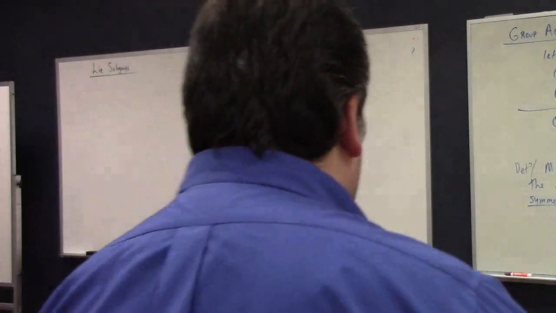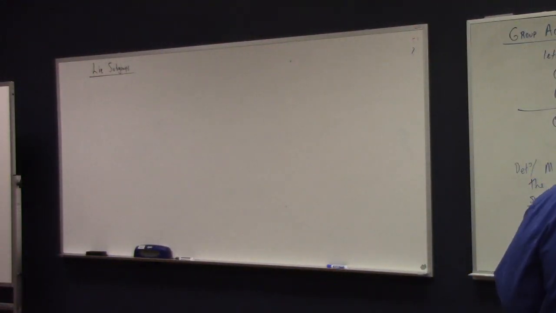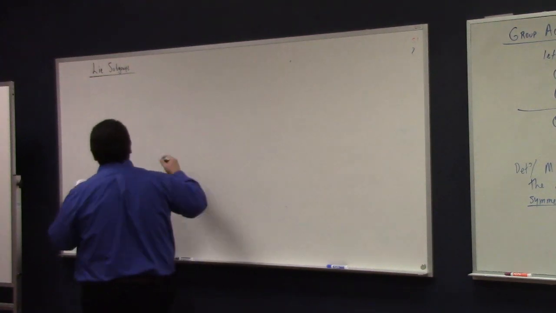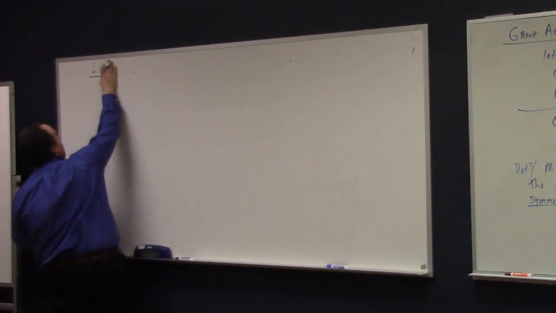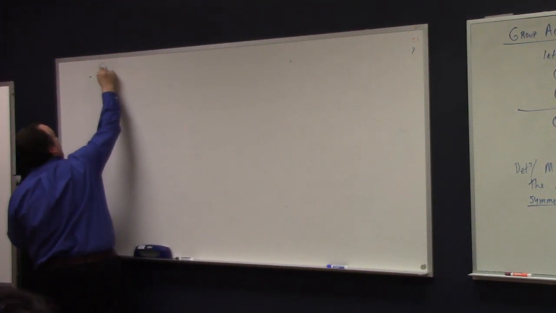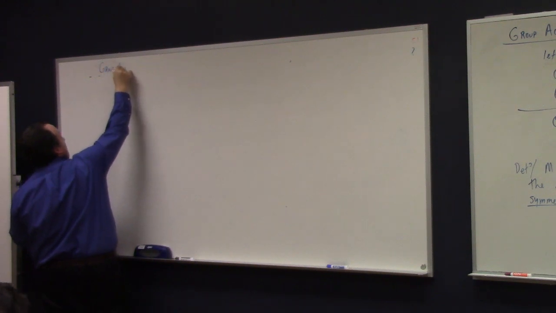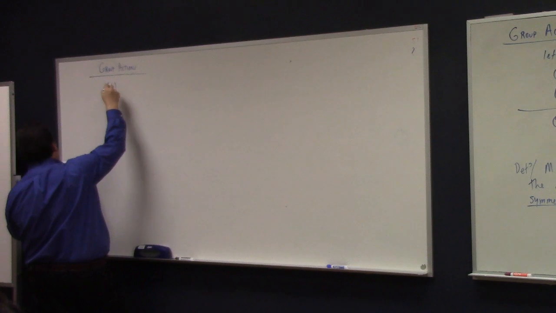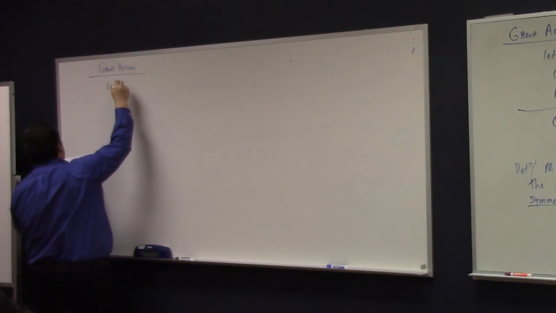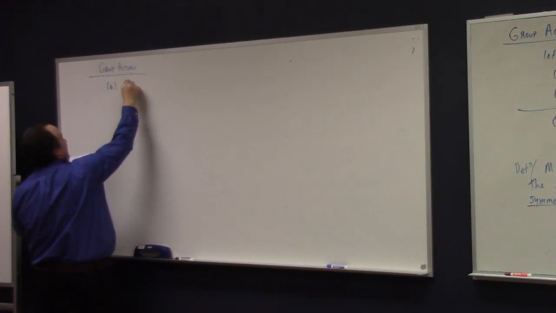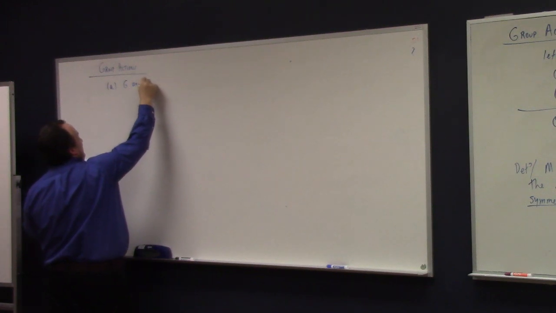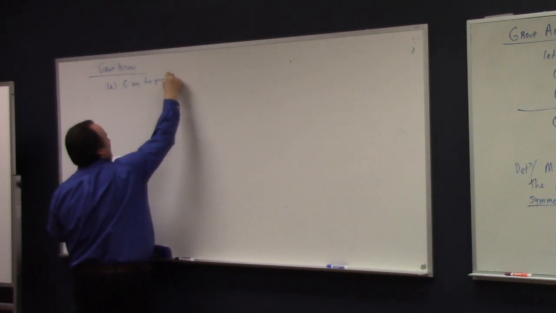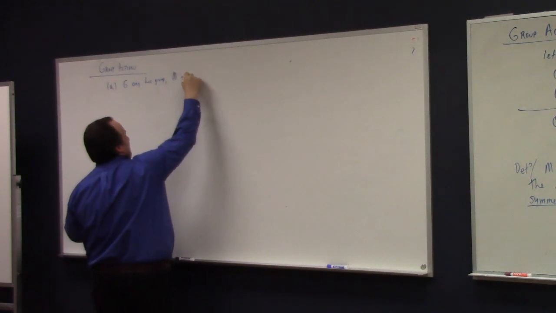This is actually his example B. His example A is just stupid. He's like, G, any Lie group, M, a smooth manifold.